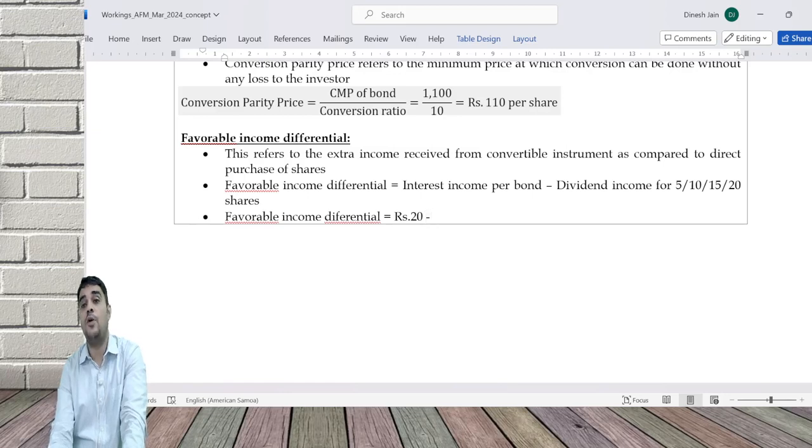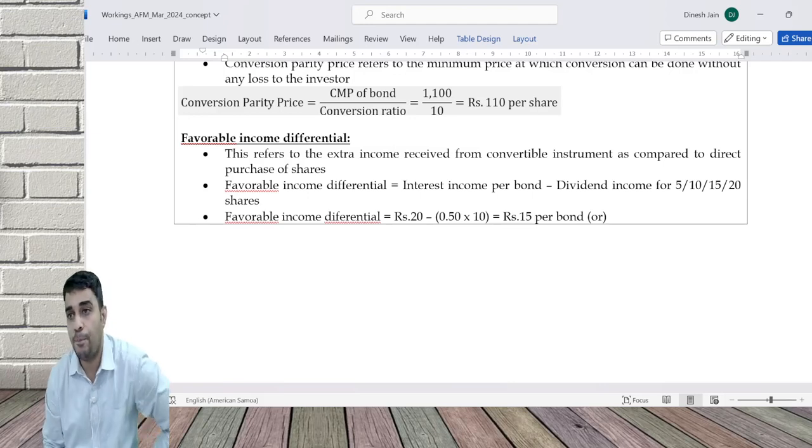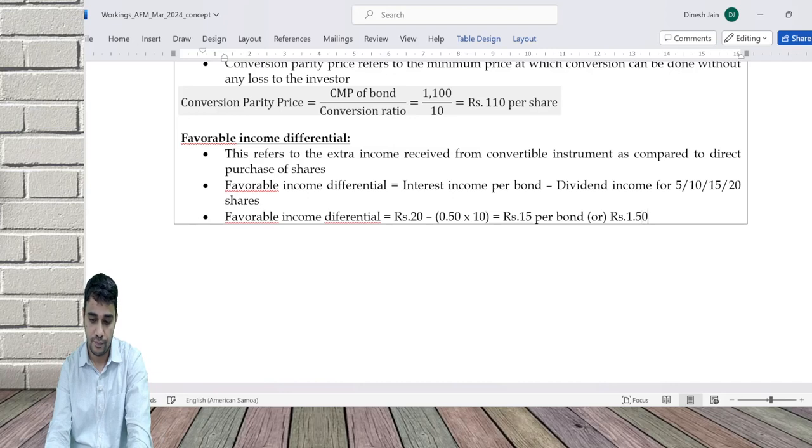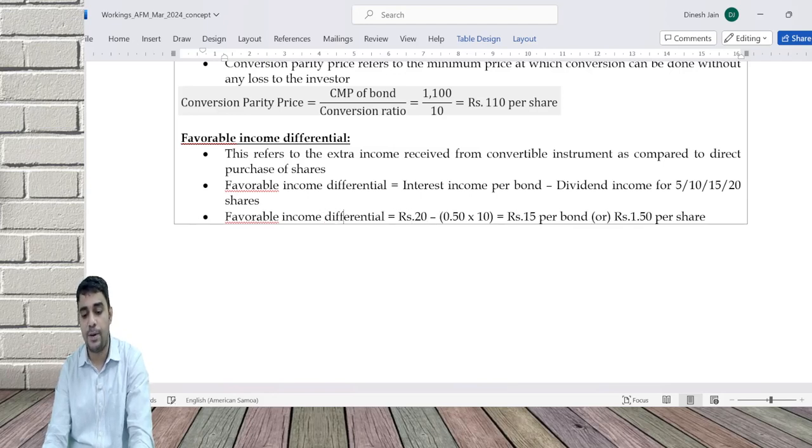Dividend income for how many shares? 0.5 into 10. Rupees 15 per bond. Please convert this into per share. 15 per bond, or rupees how much? Per bond or 1.5 per share. Rupees 15 per bond or 1.50 per share.